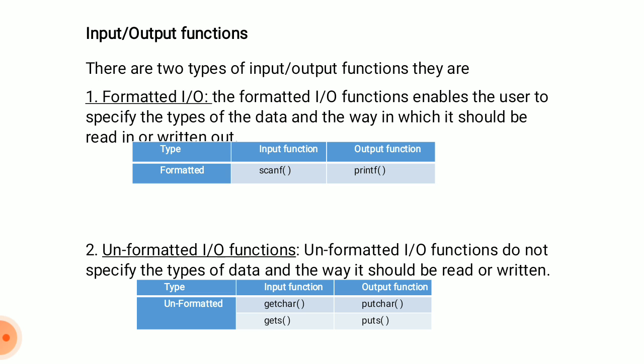This is carried out by an input statement of a program. An input statement is a function that allows the program to receive data from the keyboard, and similarly, when the processed data is to be displayed on the monitor, an output statement is used.